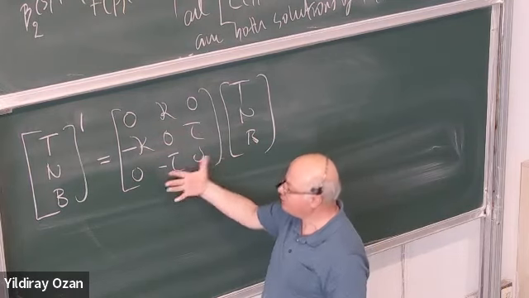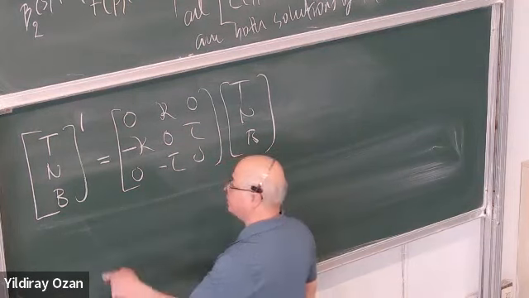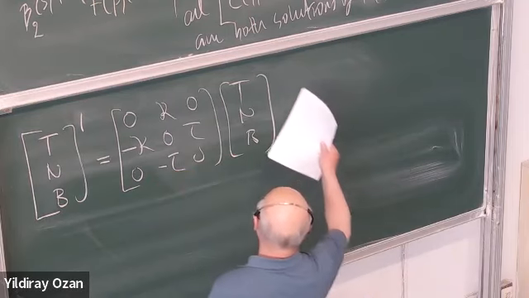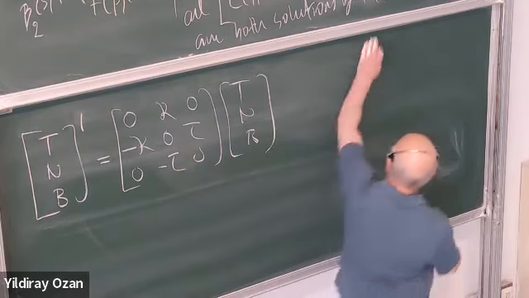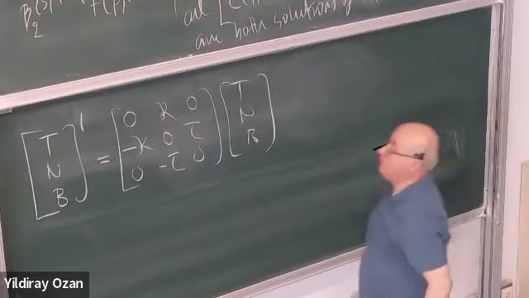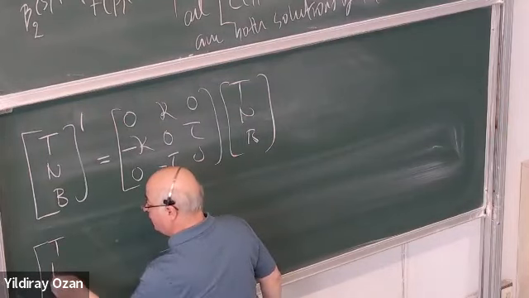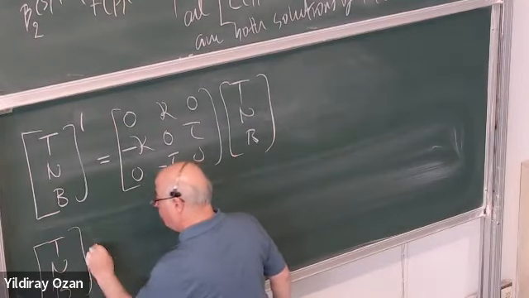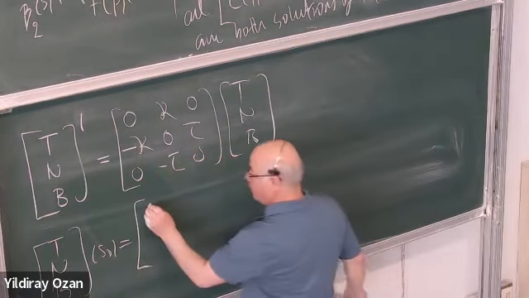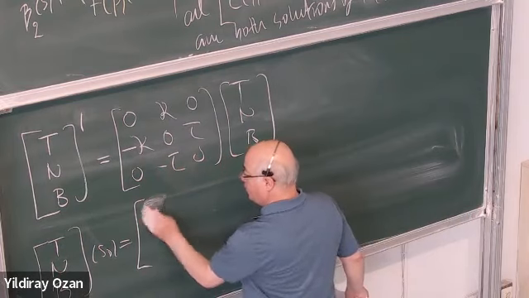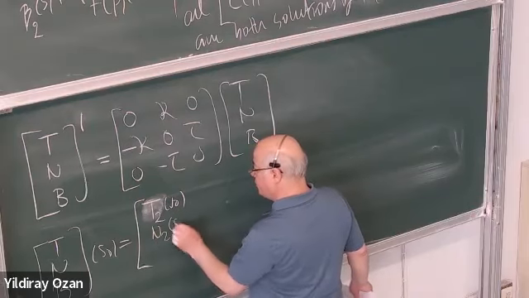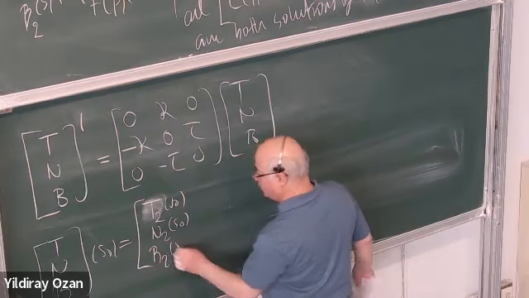Therefore, they both satisfy this equation, and they both satisfy the initial condition, of course, the transpose of this initial condition, that T and B at the point s0 is just beta. Okay, so T2(s0), N2(s0), and B2(s0).